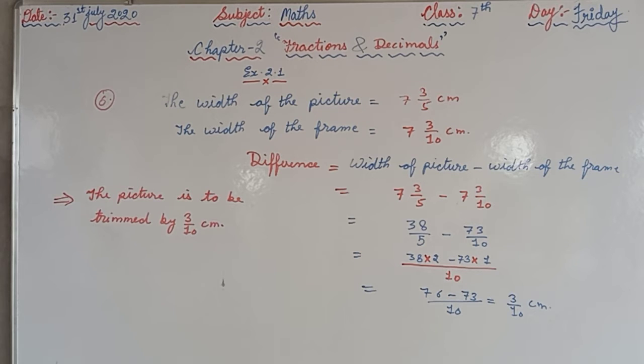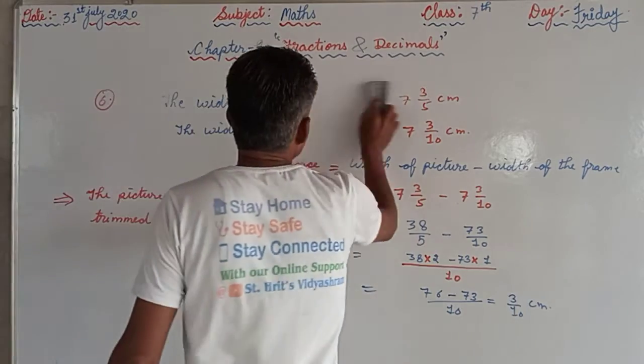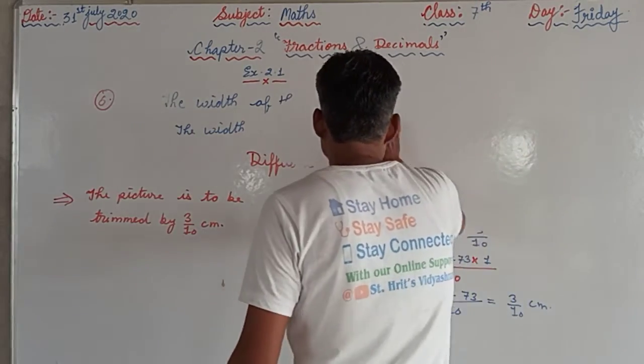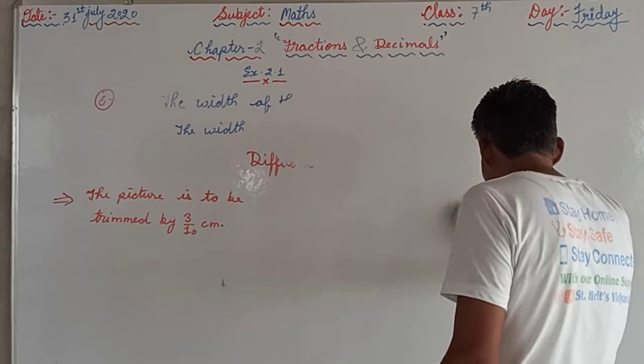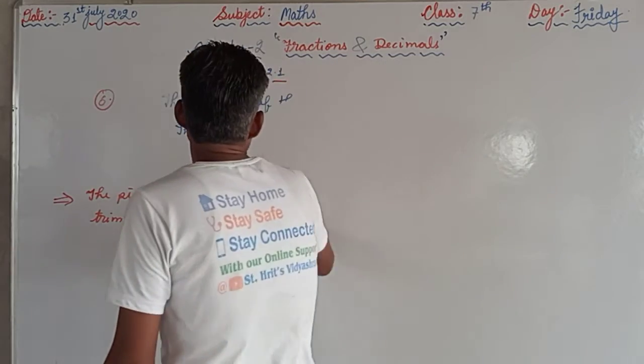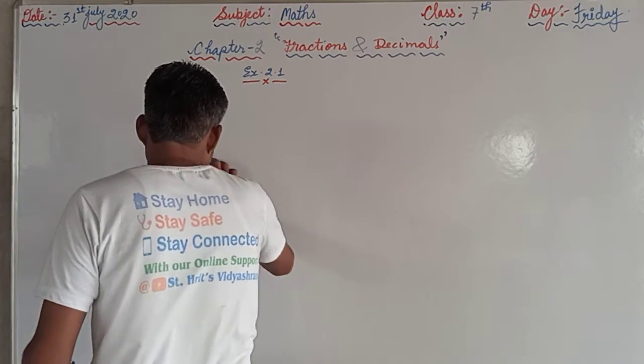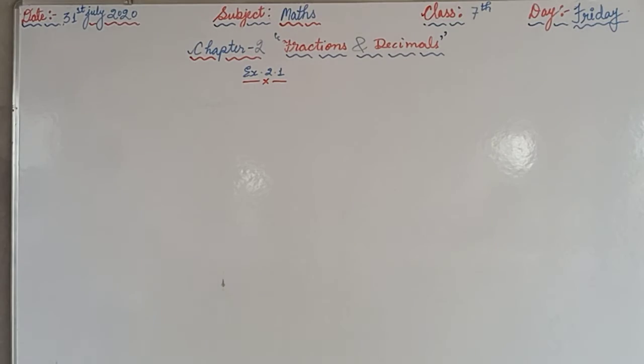Next question is question number 7. Question number 7, first of all you should read. At the same time I will erase this question. You can use your textbook, as I told you that you are supposed to keep your textbook with you while watching the videos. So the question number 7, I hope that you have already read the question.